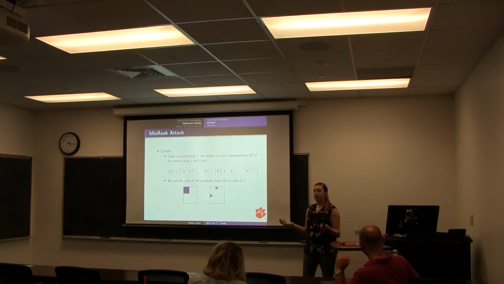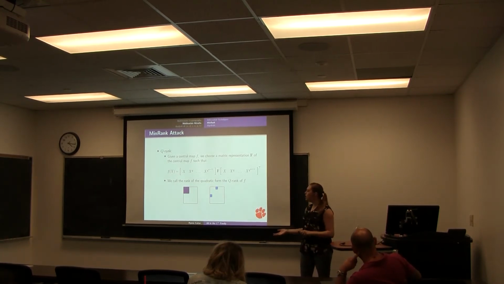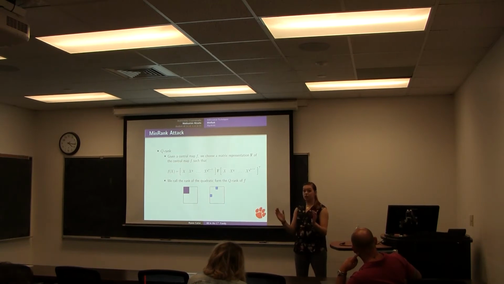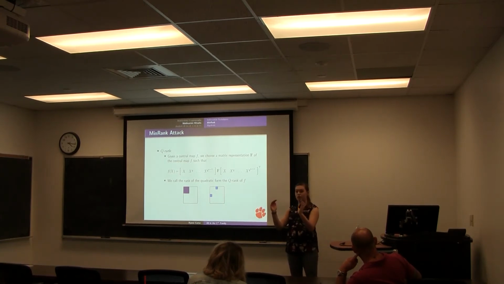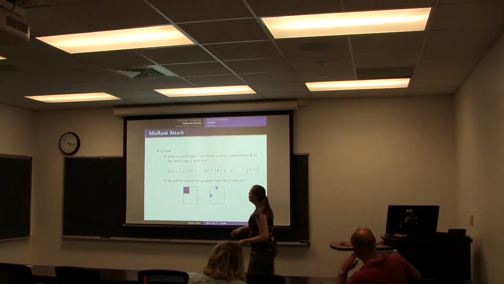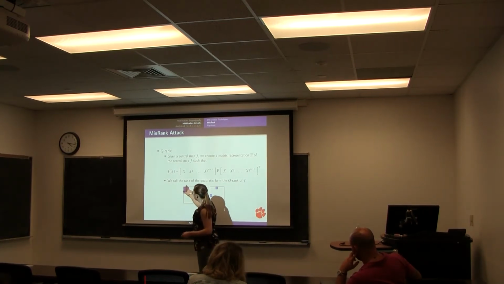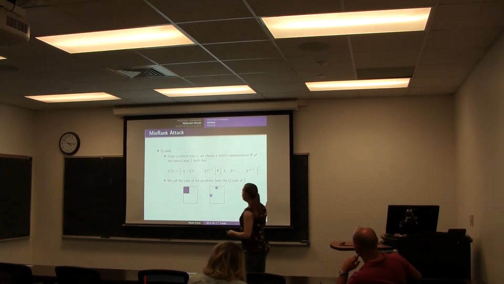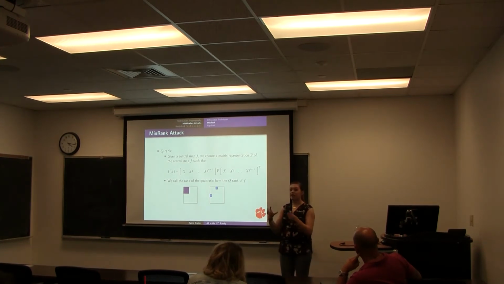So HFE is another multivariate scheme, very similar to C-star, but instead of having that x to the q to the theta plus 1 function that we've been talking about, it replaces that central map with just a more general polynomial of degree bound d. So the only non-zeros in that quadratic form are going to be contained in that upper d by d block.